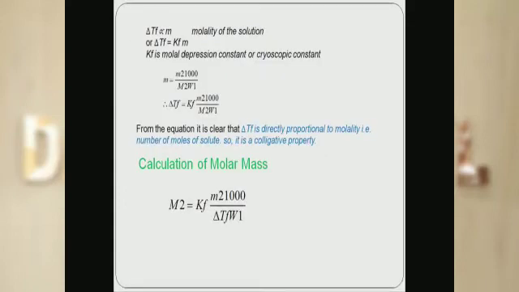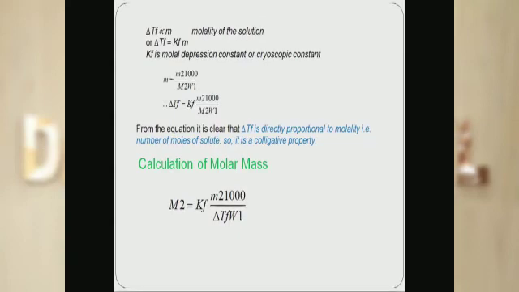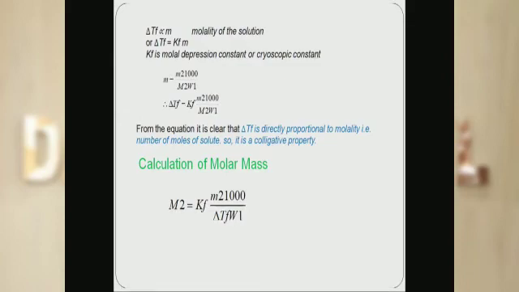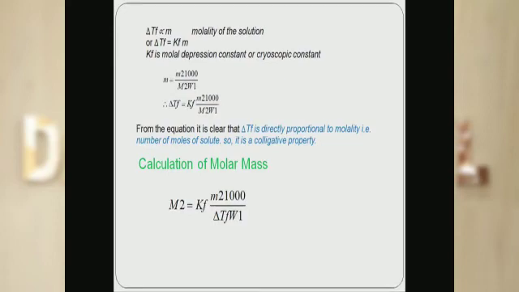The difference in two temperatures is given by delta TF. This delta TF is again directly proportional to molality. Here also we have taken one constant, Kf. For boiling we had taken the subscript B, for freezing we have taken the subscript F. Kf is called molar depression constant or cryoscopic constant.